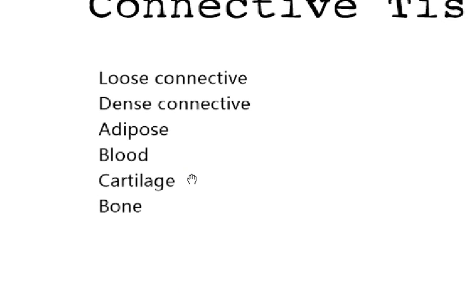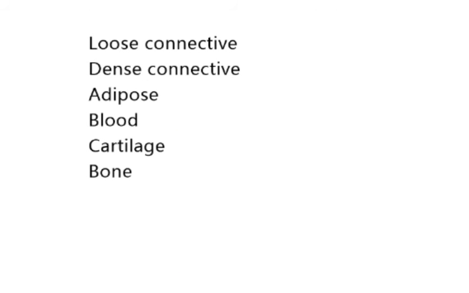So let's see what are the main types of connective tissues that we encounter in day-to-day life. This is not an exclusive list, but these are the main types. So you have loose connective tissue, where the tissue is not tightly bound, with a lot of ground substance.